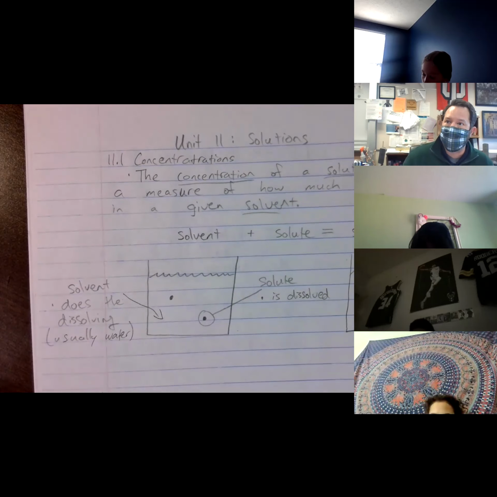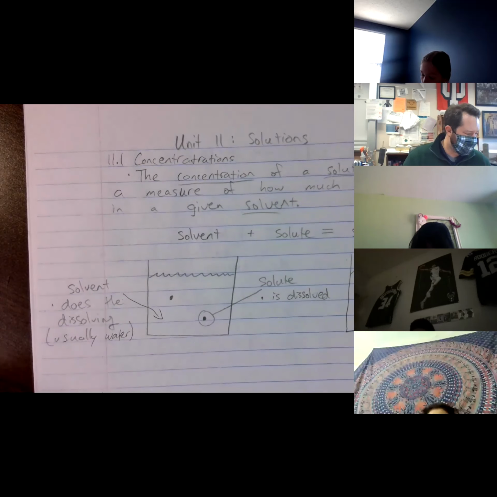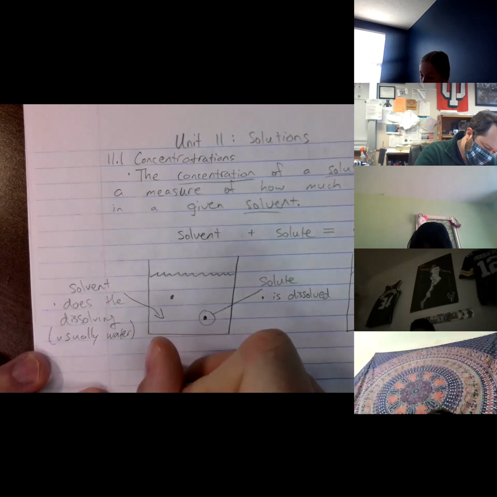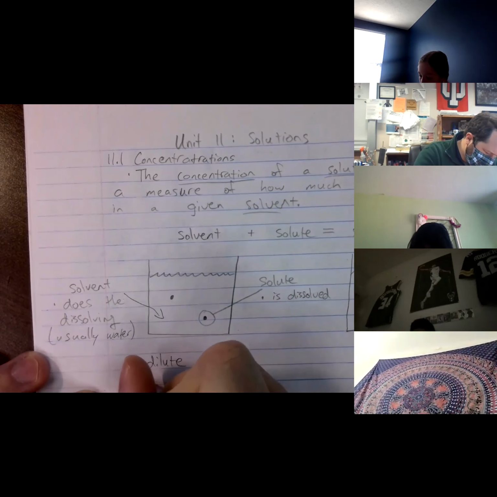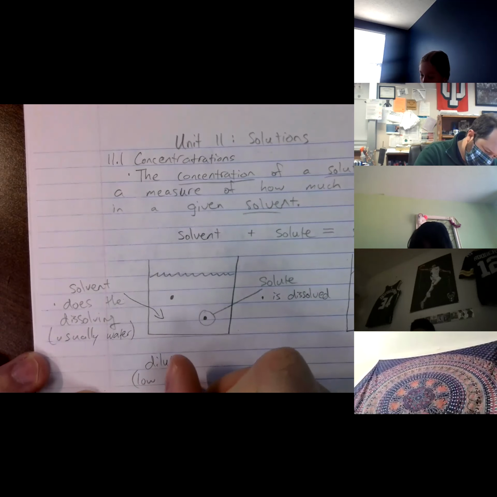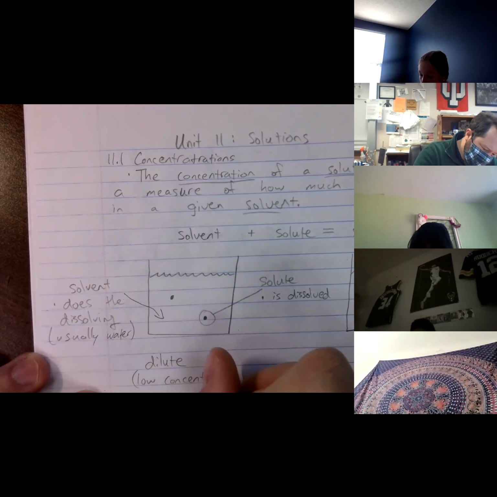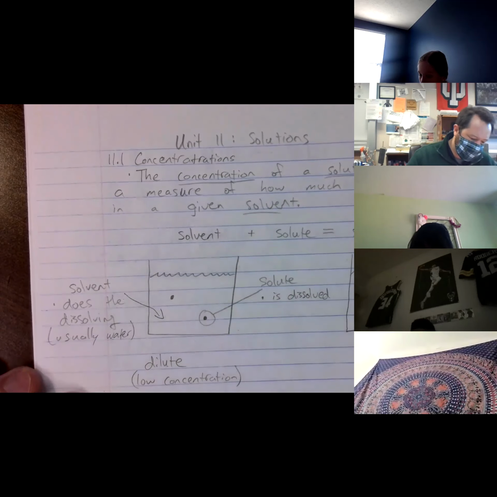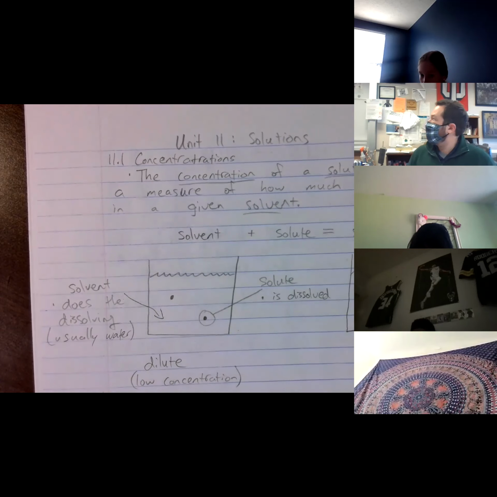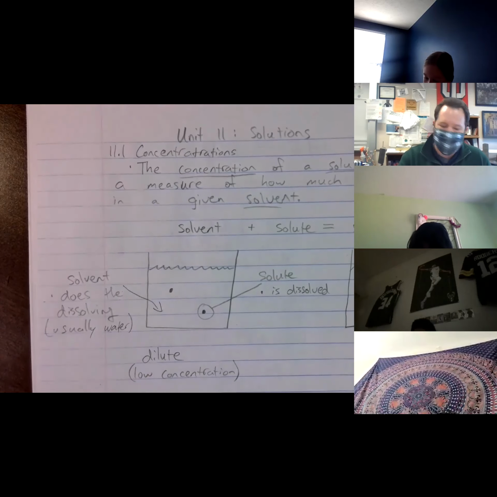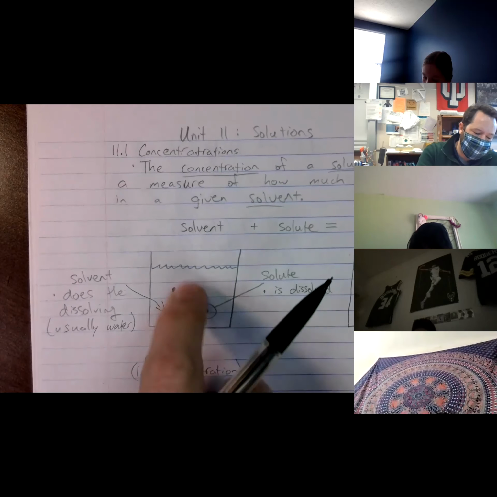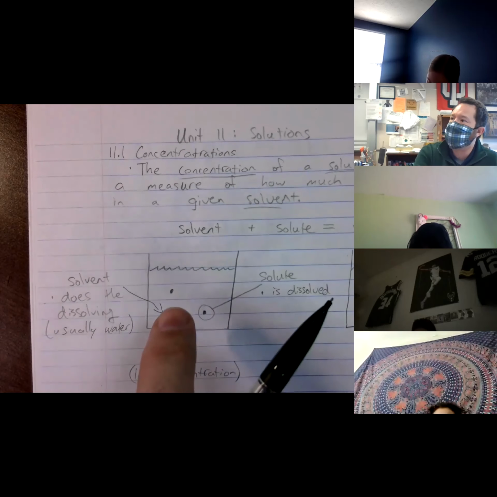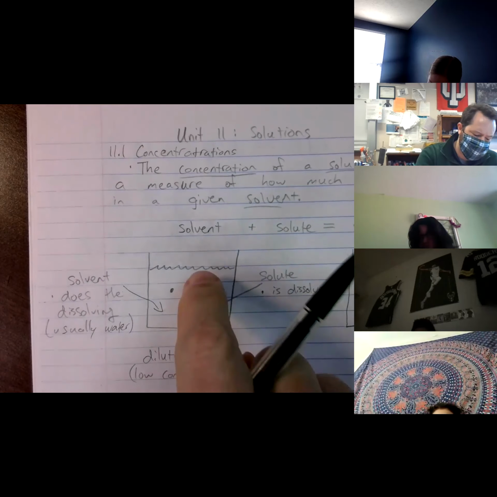And just so that we're comfortable with terms, you guys will see these terms from time to time. Dilute means that you have a low concentration, not very much solute per solvent.